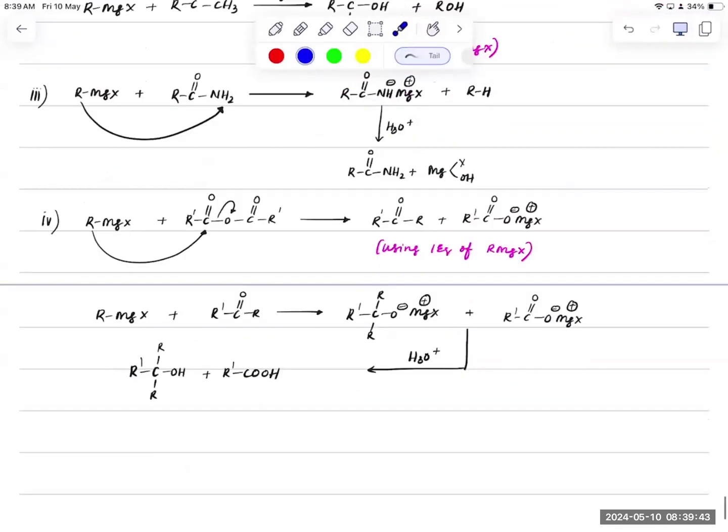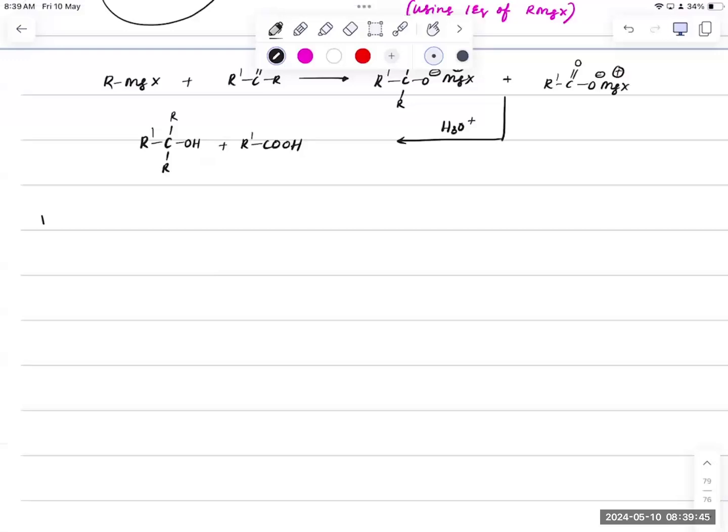Check out similarly with cyanides here. So RMgX, if you treat this with any cyanide, let's say CH3C triple bond N, this is the cyanide we are going for. R will first attack on this carbon. We will get CH3 C with R, double bond N minus MgX plus.